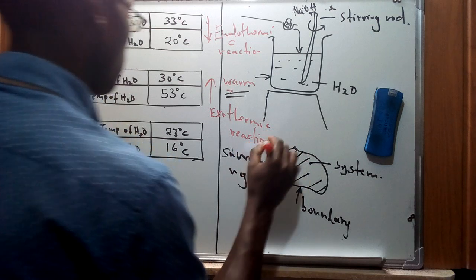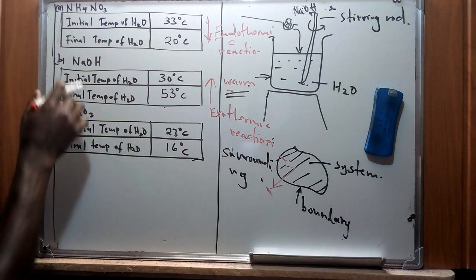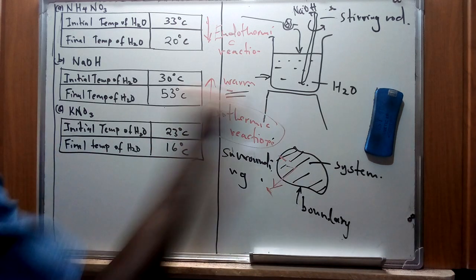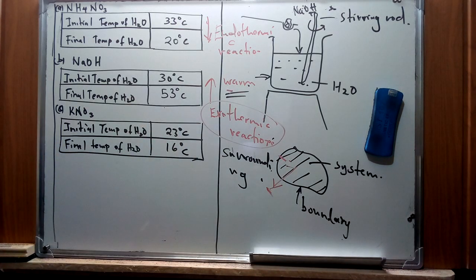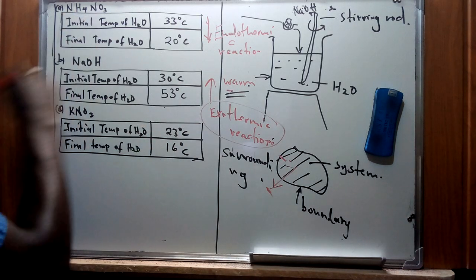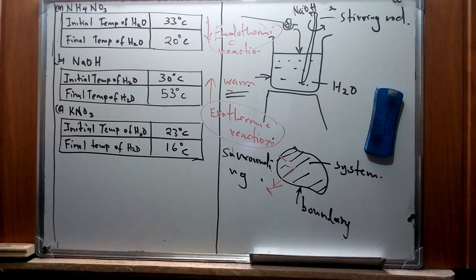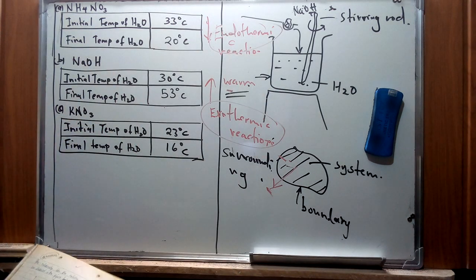So basically, the dissolution or dissolving of sodium hydroxide in water involves an exothermic reaction, while dissolving ammonium nitrate in water results in the reaction that we call an endothermic reaction.